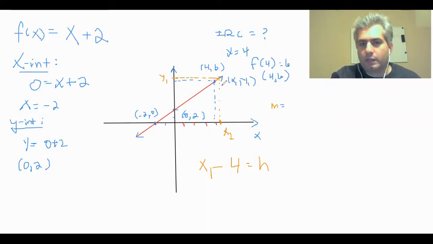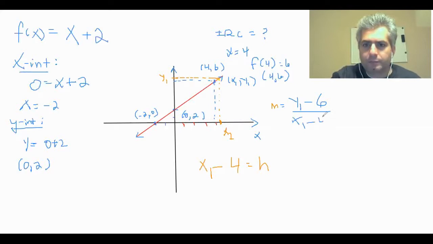Here, y2 is the furthest point from the point of interest, so we have (y1 minus 6) over (x1 minus 4). This is the slope value we were trying to calculate, and the goal is to find the instantaneous rate of change at (4, 6).